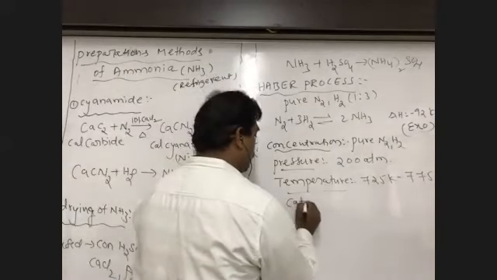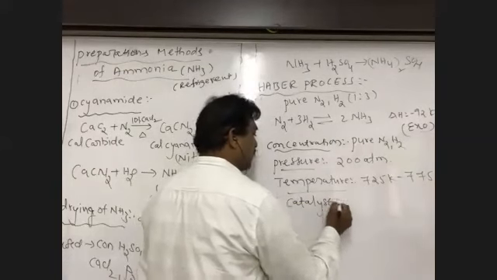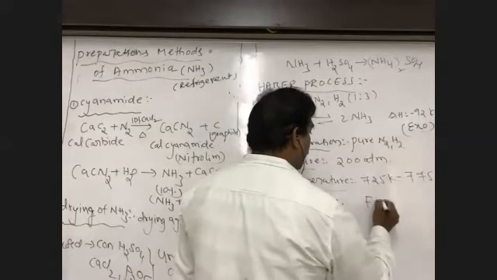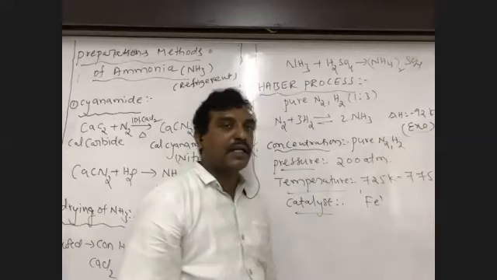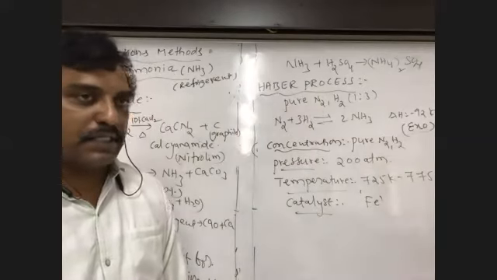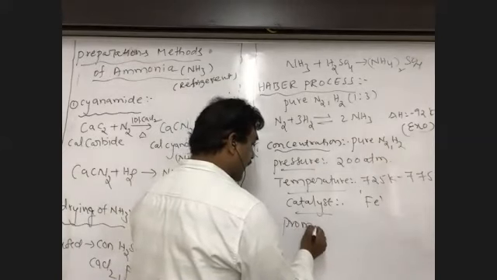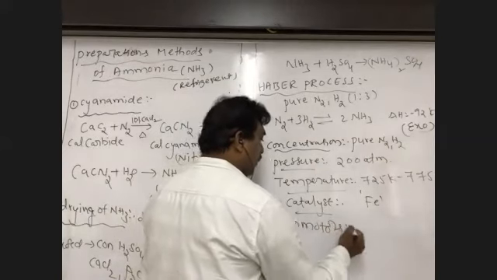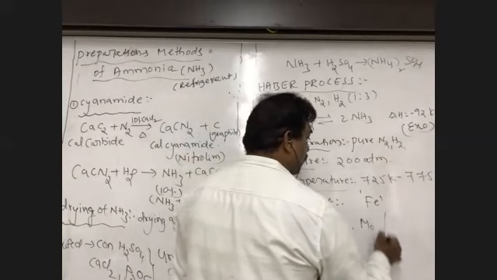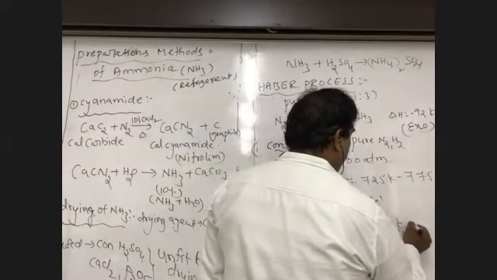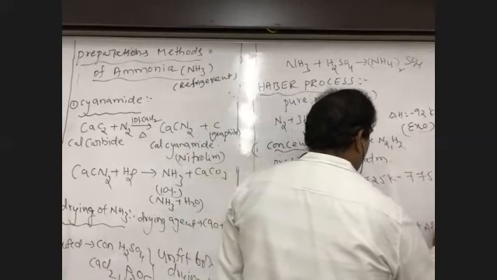The catalyst used in the process is finely divided iron. And the catalytic promoters are molybdenum or a mixture of K2O plus Al2O3.